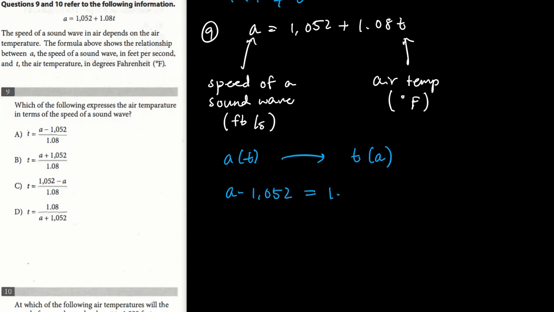So we're left with 1.08t, and then we can conclude that T is equal to A minus 1052 over 1.08. So that corresponds to answer choice A in this case.